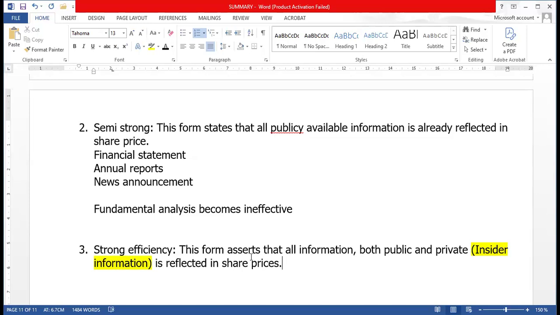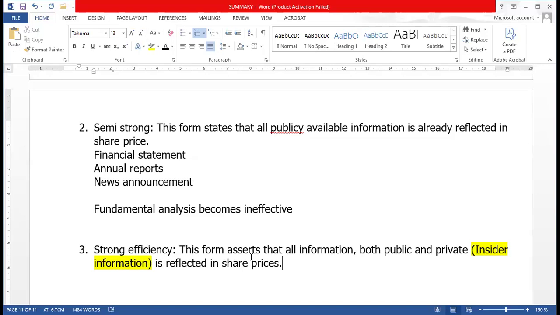But here the assumption is that we assume all the information, both the insider information and what is available to the public, reflects in the market, so it reflects in the price you're quoting.